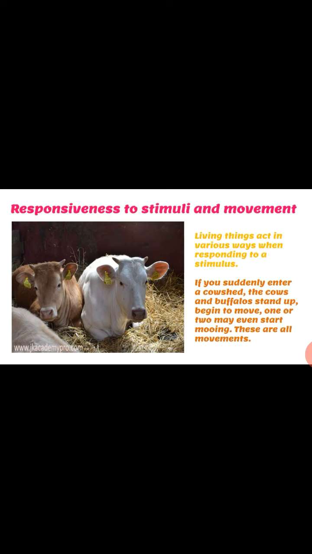Living things act in various ways when responding to stimuli. How do animals respond? How does a cow respond when we enter the shed? That is the stimulus, right? And what is the response? The cow moves from one place to another, and that is their response. Okay, understood?